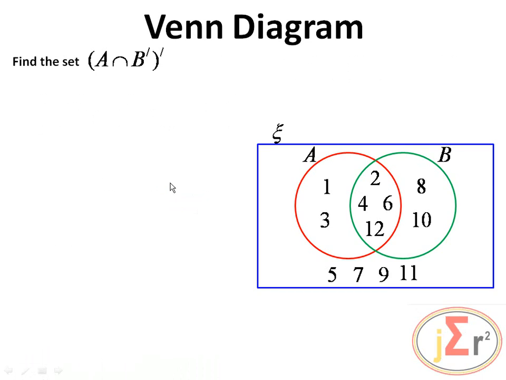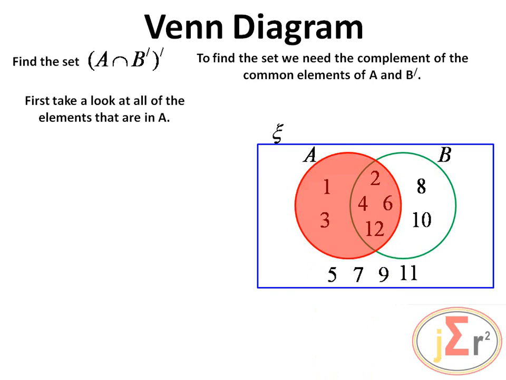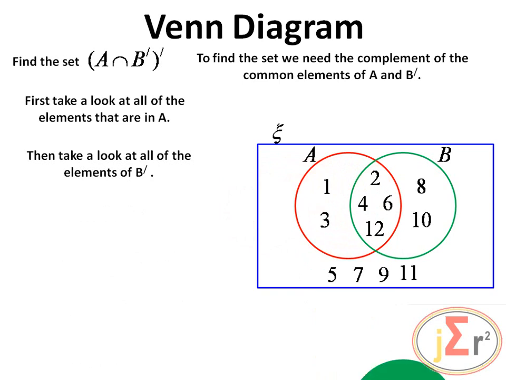We need also to find the set A intersection B complement all complement, and we are going to take all of the three approaches that we did with the other problem. So to find the set, we need the complement of the common elements of A and B. First, take a look at all of the elements that are in A. Then take a look at all of the elements that are in B complement.